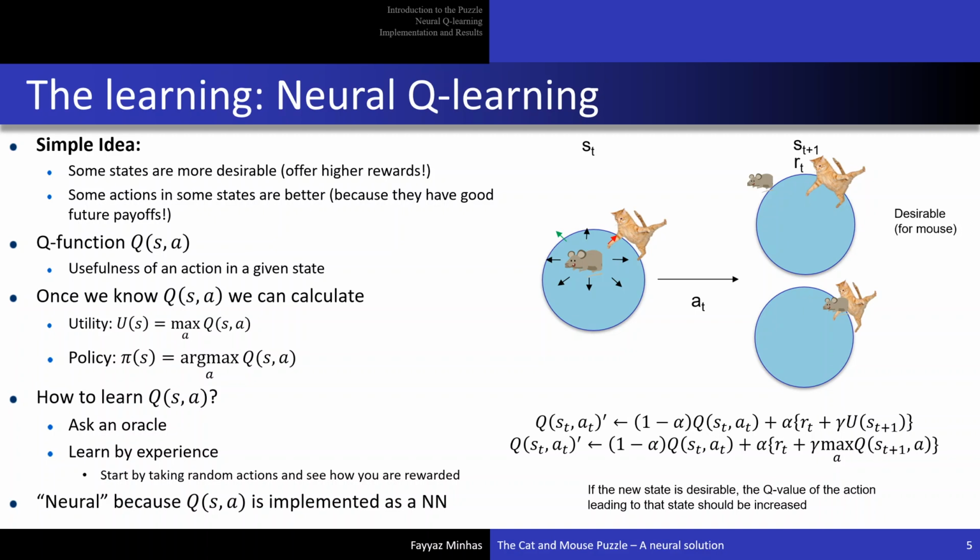We can implement the Q function as a table, but if the data is not discrete, then the table would be really, really large, or it might be infinite in size, or if the action space is not finite, this would be a very large table or an infinite one. However, a neural network will always be able to approximate or implement this Q function because it can take in these continuous variables and actions.